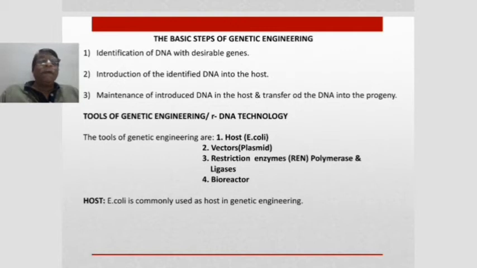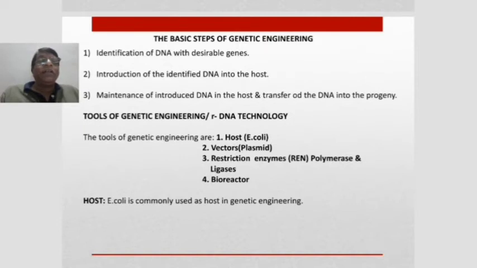Now, in the second basic step of rDNA technology or genetic engineering, the identified gene, what we call desirable gene, is also called gene of interest. It is also called alien gene, also known as foreign gene.